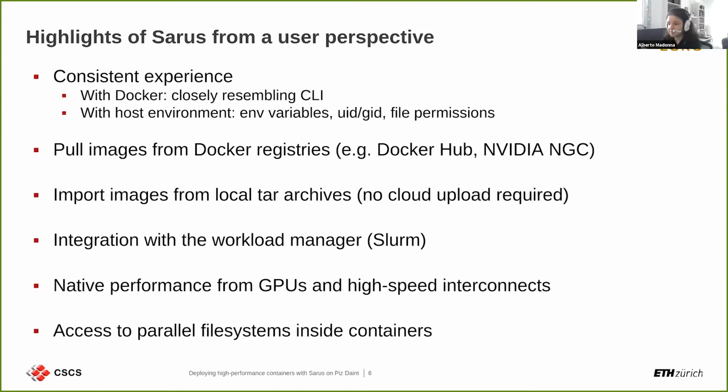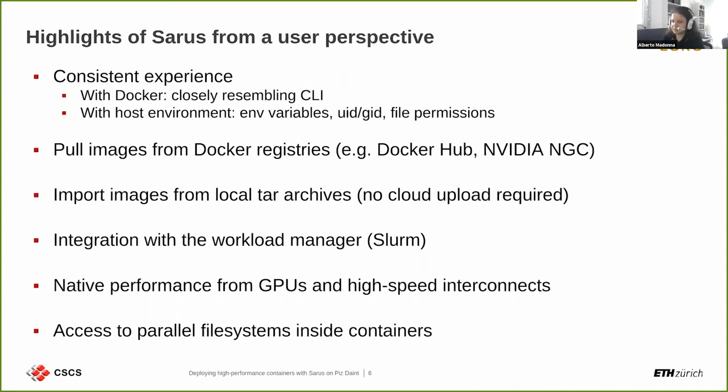Sarus also integrates with the workload managers, for example, respecting the CPU affinity that Slurm will associate with processes and job allocations, and also the MPI ranks and MPI host names.